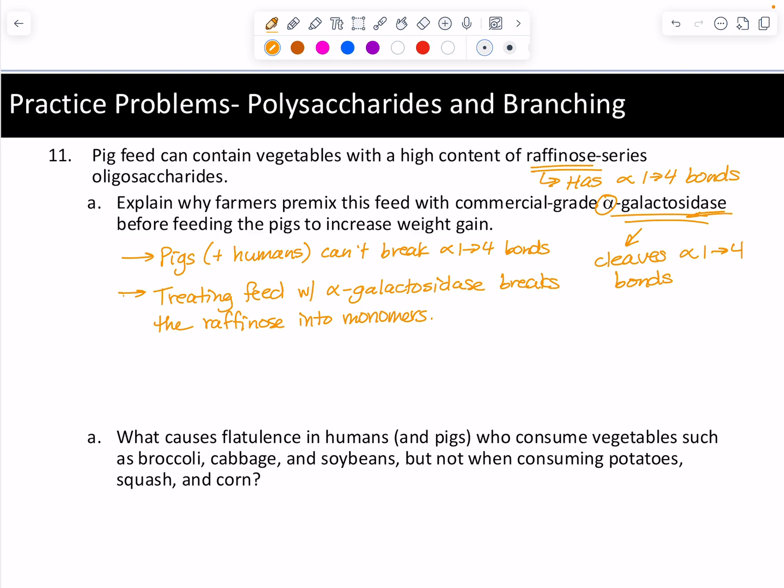And so then the pig can use the monomers for energy directly. And they don't have to do any work to break that down. It's almost like treating the feed with the enzyme is just going to feed pure sugar monomer units that can go directly into glycolysis and those energy harvesting pathways. And so they can put on weight faster.